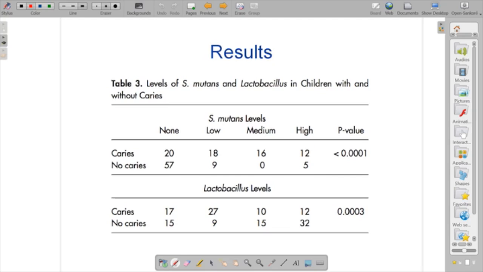And so there's this table 3, and when we look at that, we should be expected to at least understand the nature of the data that they're showing us.